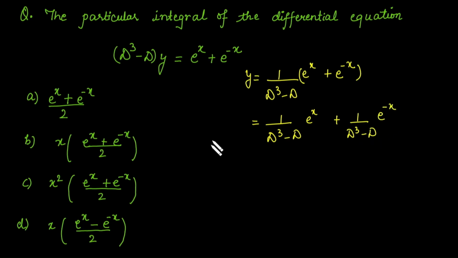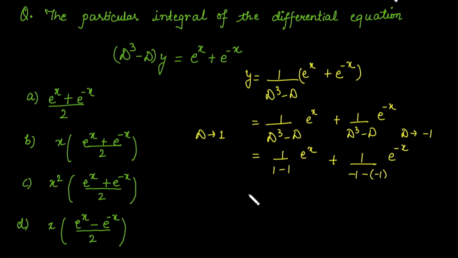Now in this case we replace d by 1. So when you replace d by 1, this is a case of failure. And in this case d is replaced by minus 1. So when you replace d by minus 1, minus 1 cube is minus 1, minus of minus 1, it is again a case of failure.